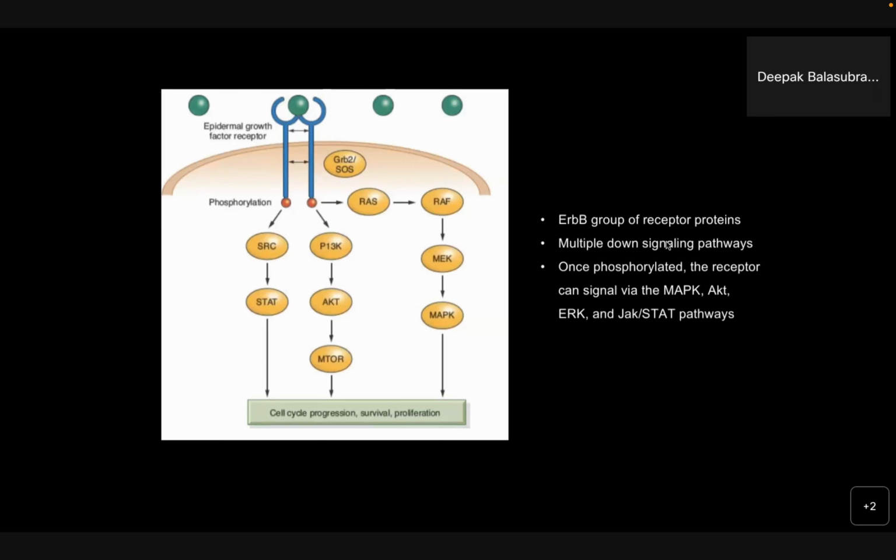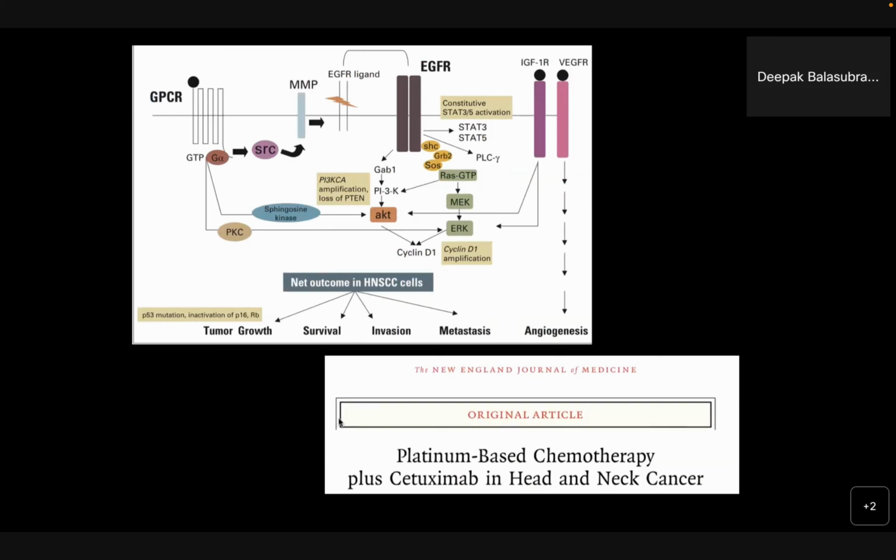And the most common downstream pathway is the ERB group of receptor proteins. They participate in multiple signaling pathways, and this occurs because of phosphorylation of the inner aspect of the receptors. And they can work in the RAS pathway, the SRC pathway, or the PI3K pathway. And all of this downstream cascade results in cell cycle progression, survival, and proliferation of these tumor cells.